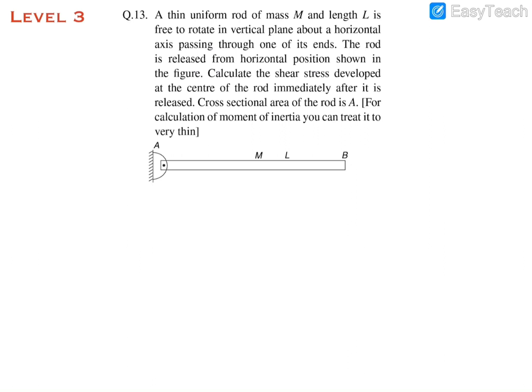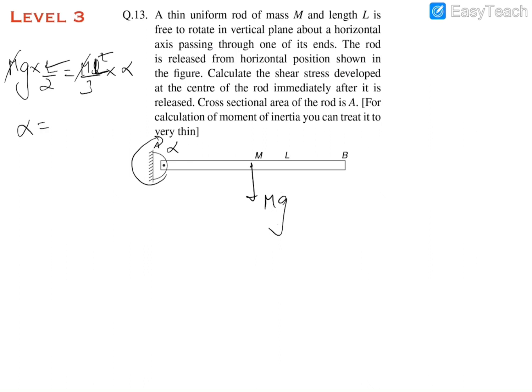Now, first of all, you can see that the angular acceleration alpha of this rod will be given by mg into L by 2 equal to I alpha, and I will be mL square by 3, and alpha is the angular acceleration. So alpha is 3g by 2L.